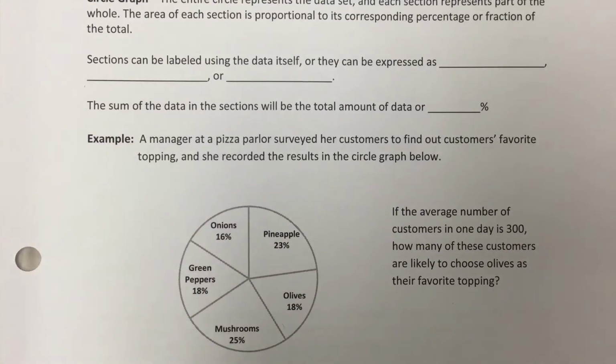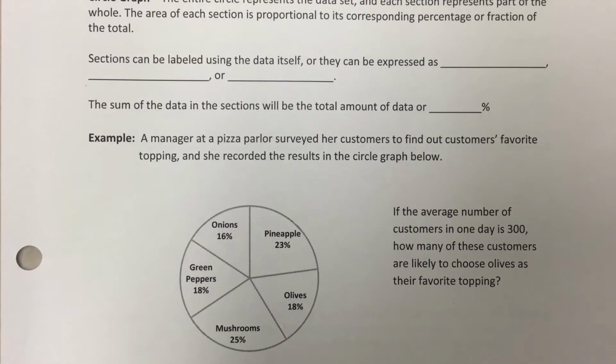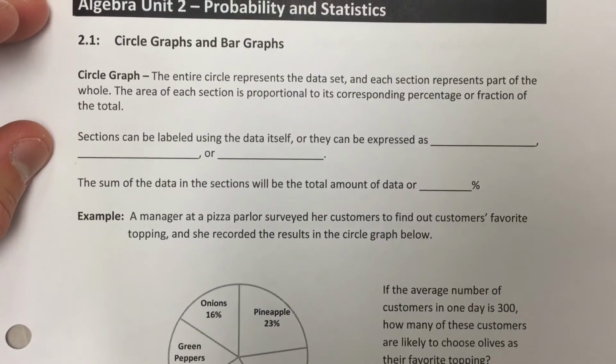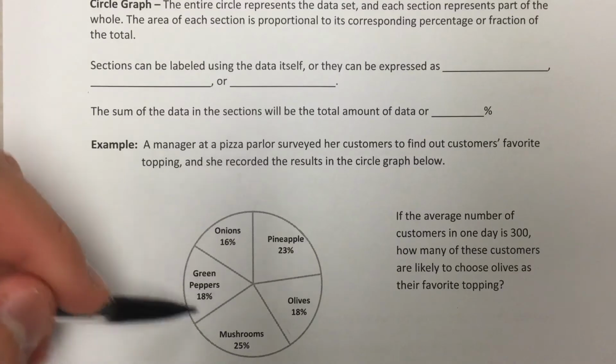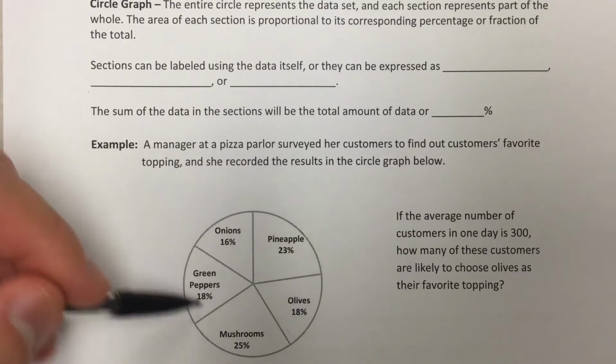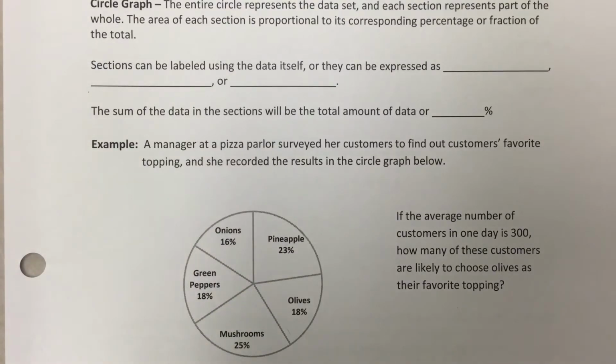You have to draw the percent as actually the percent of the circle as well, so it's going to be proportional. It's going to look to scale. And again, if you look here, it doesn't say how many people were in the survey, it just says the percentages, but all of this encompasses the entire data set, or people who were asked their favorite toppings.